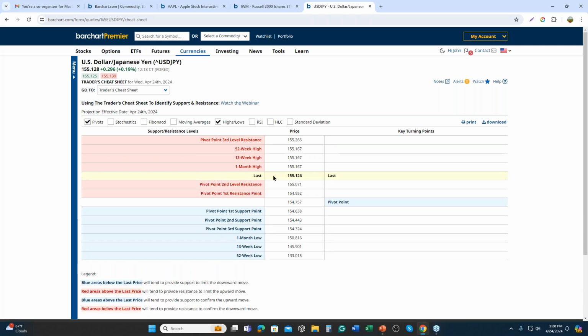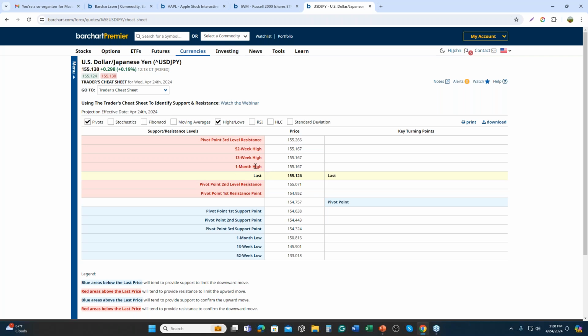For instance, here on the highs and lows in the Japanese yen, if we look at the last price and we see that we're above two layers of resistance, that might be an idea that we are getting into maybe a momentum type trade.